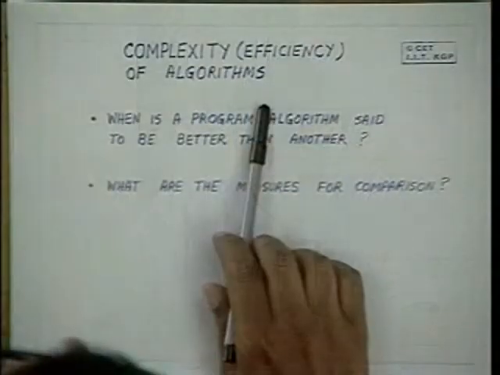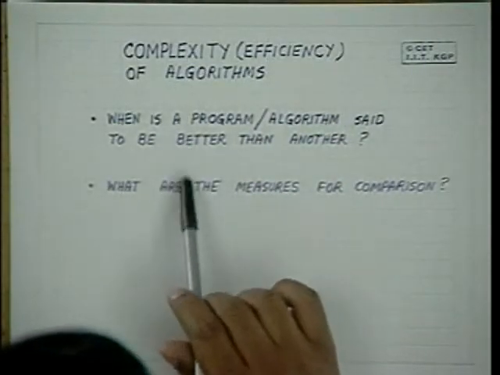The foundation of all these things lies in the concept of efficiency of an algorithm, or the complexity of an algorithm, and this must be understood first before we proceed towards designing good algorithms and data structures. So the topic of today's lecture will be an introduction to the complexity or efficiency of algorithms.